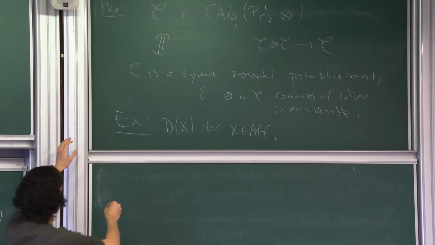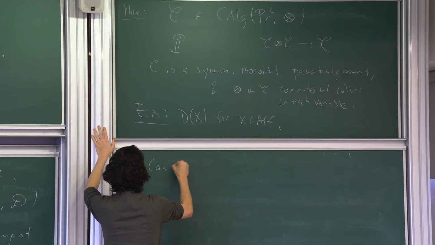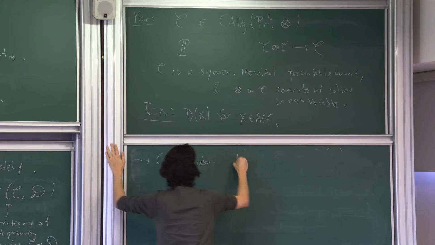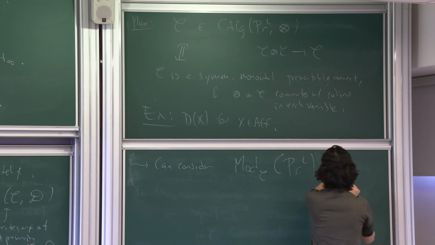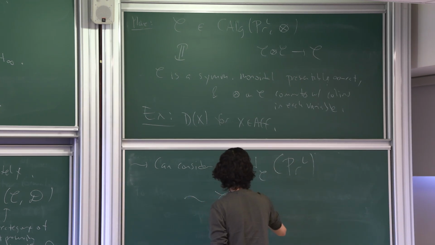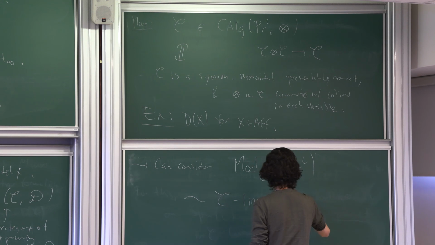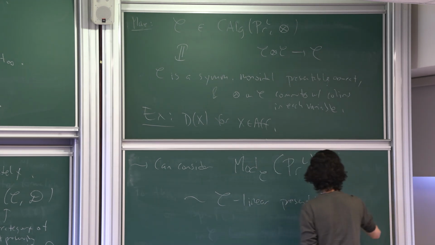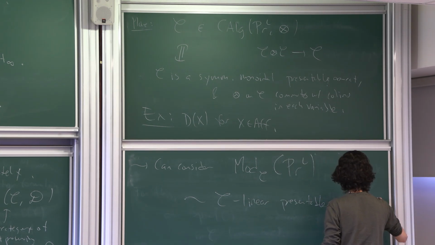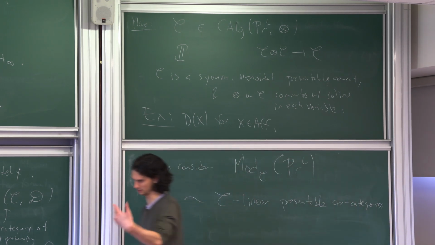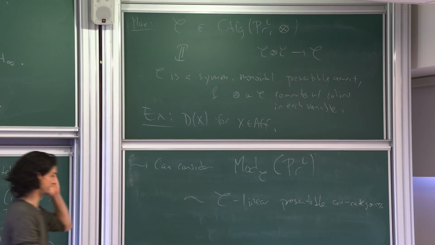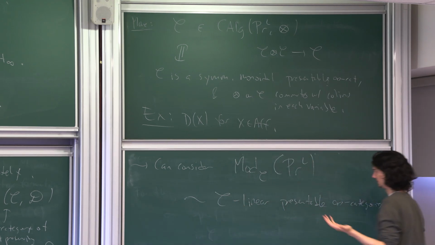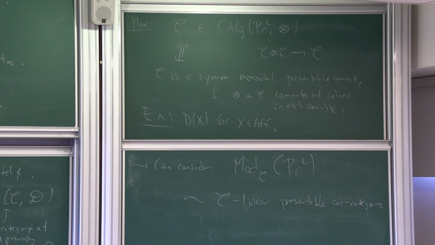And then you can consider modules over C in PRL. These are sort of C-linear presentable infinity categories. So they're presentable infinity categories which are tensored over C. But that also lets you say that they're enriched over C in some sense. So what do you have?